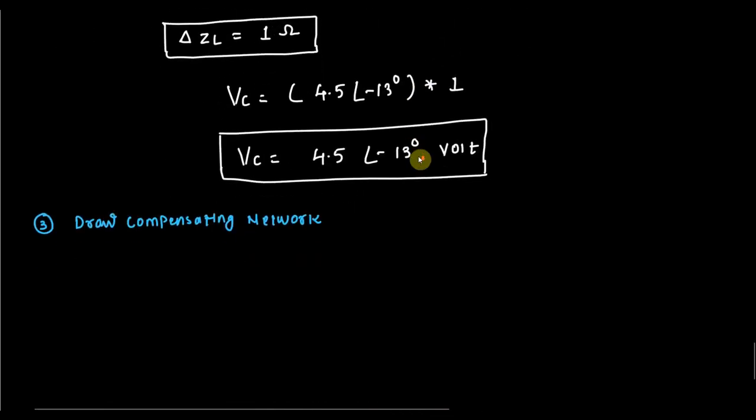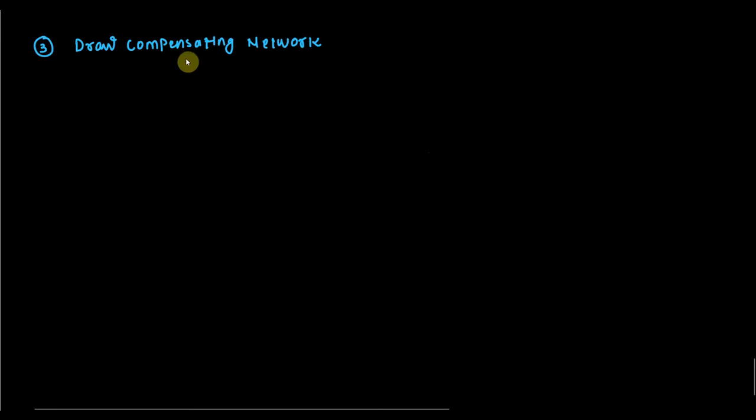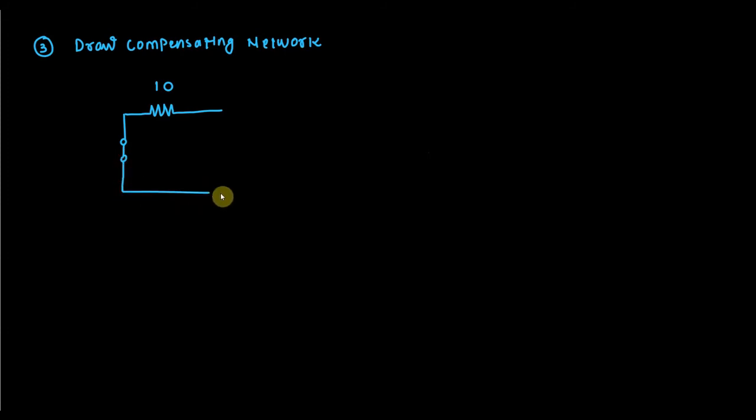So for that I will draw the circuit like this. This will be your 10 ohm resistance, which will be as it is. Here we have a voltage source, which is now replaced by a short circuit.